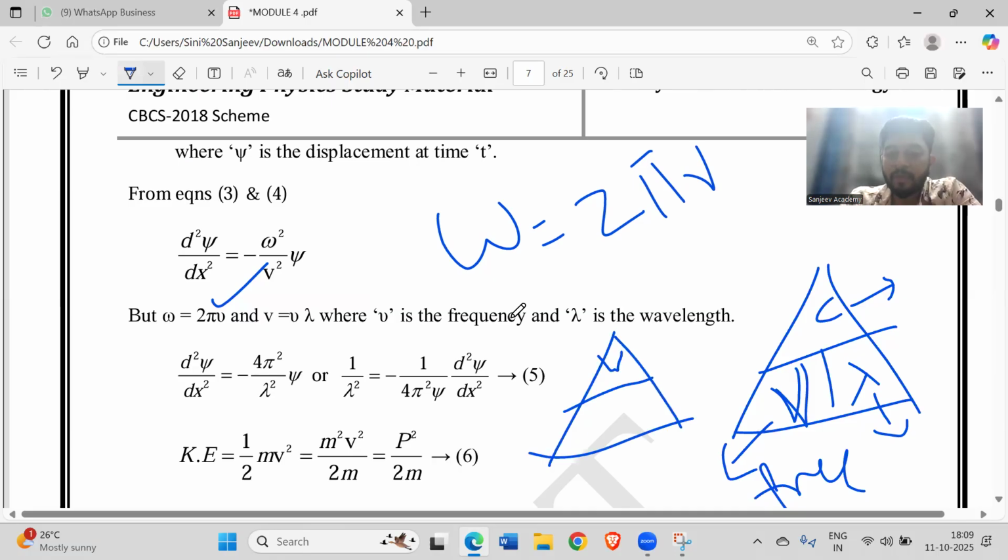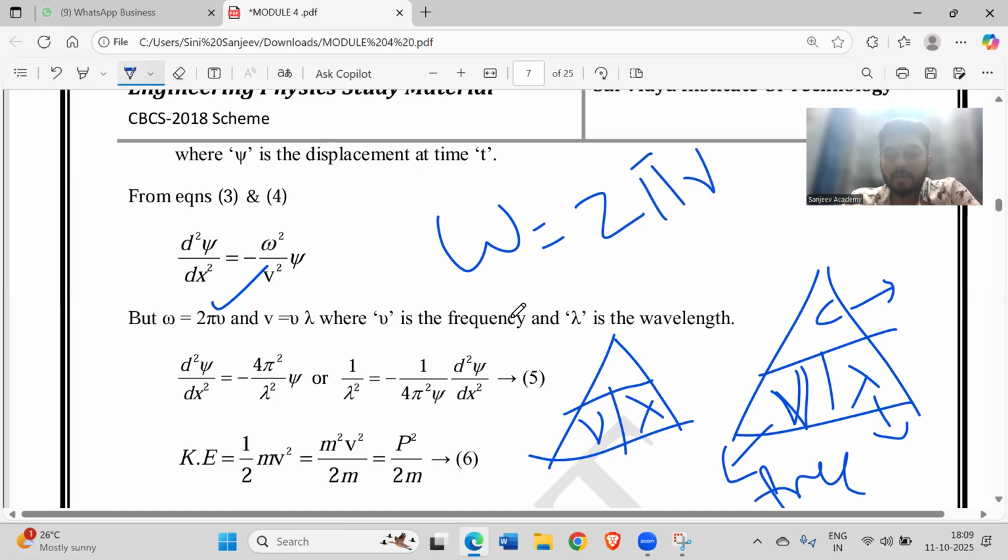This is my nu and this is my lambda. So these are the two equations written down here. Instead of omega and v, I'm substituting these equations here.